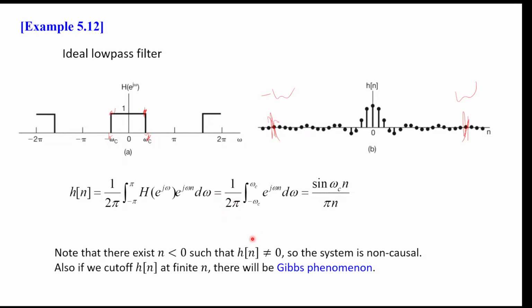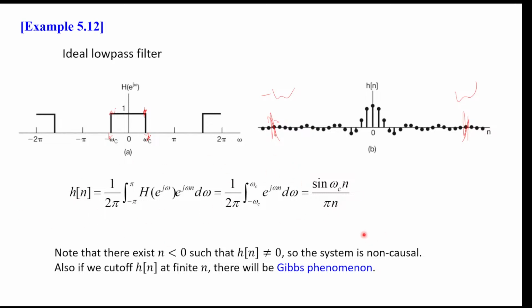Okay. And then we see that you get this almost sinc function. So this will be integration from minus omega c to omega c of e to the j omega n d omega, and this gives sine omega c n over pi n. Okay, and we actually already saw this integration before. This was what we did in chapter 3.